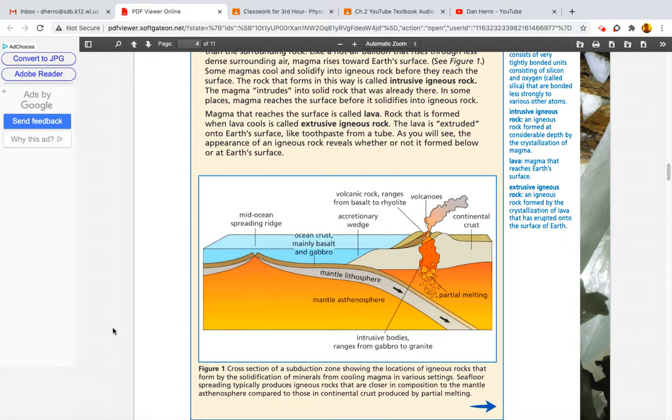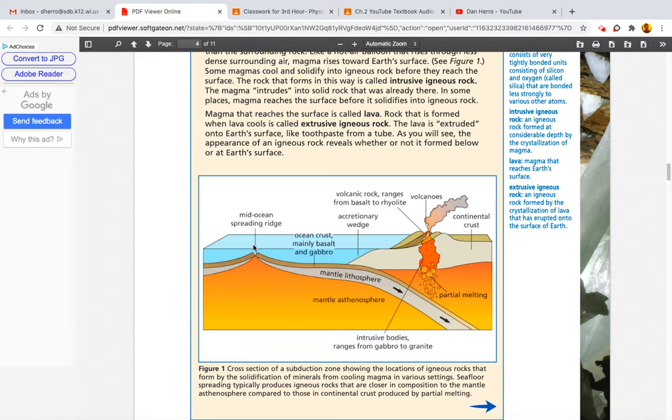Figure 1 is a cross-section of a subduction zone showing the locations of igneous rocks that form by the solidification of minerals from cooling magma in various settings. Seafloor spreading typically produces igneous rocks that are closer in composition to the mantle asthenosphere compared to those in continental crust produced by partial melting.